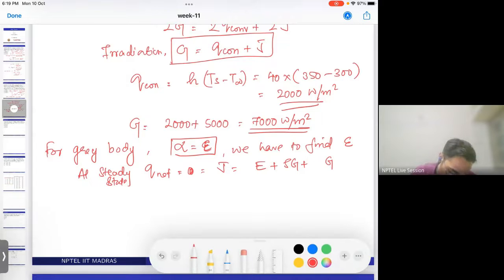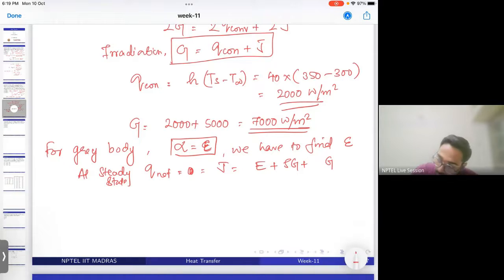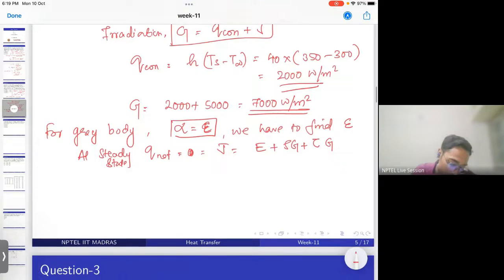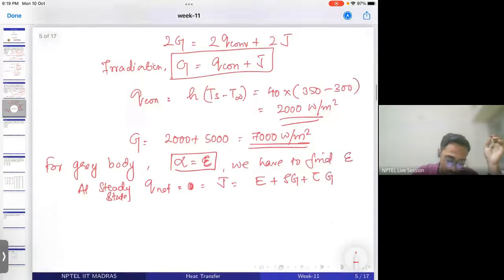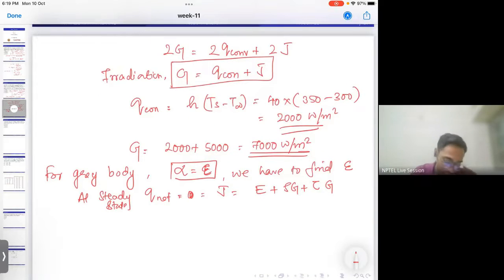It's a semi-transparent body, right? So reflected plus transmitted, that is what the radiosity is. A part of the incident energy will be reflected, and a part of it will be transmitted, since it is semi-transparent.